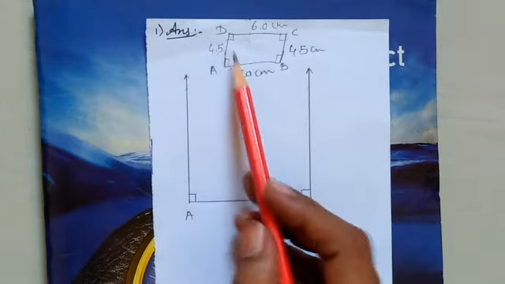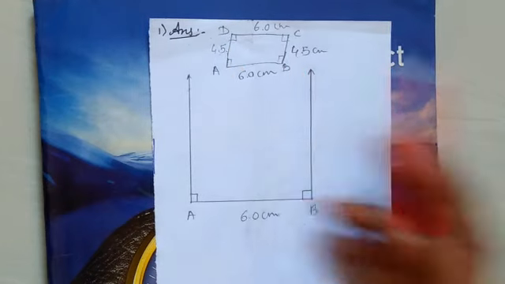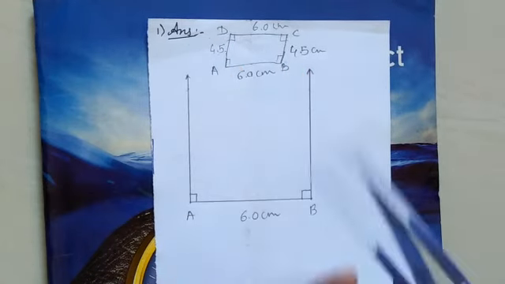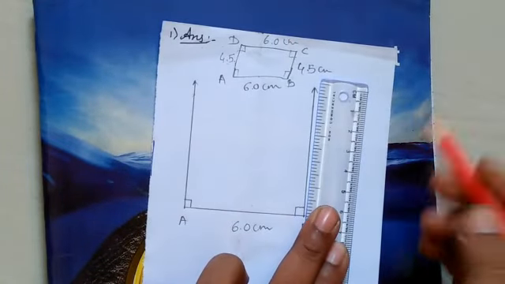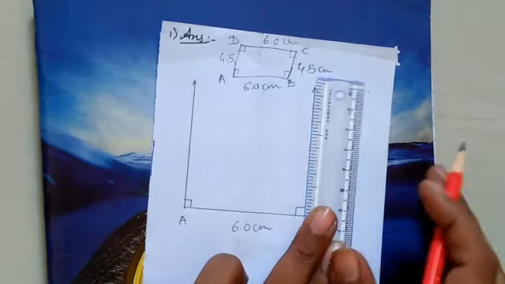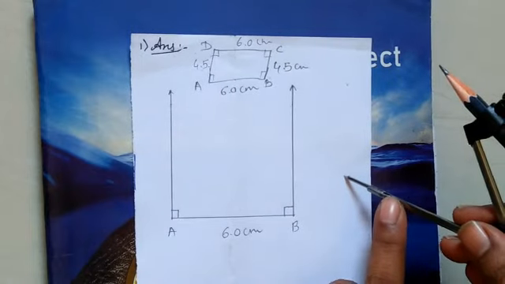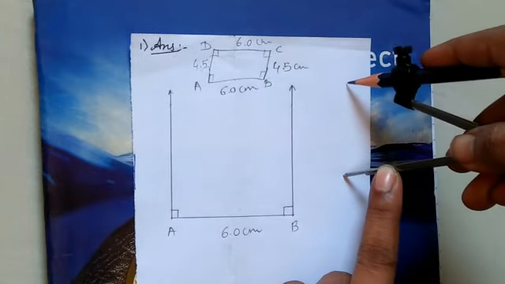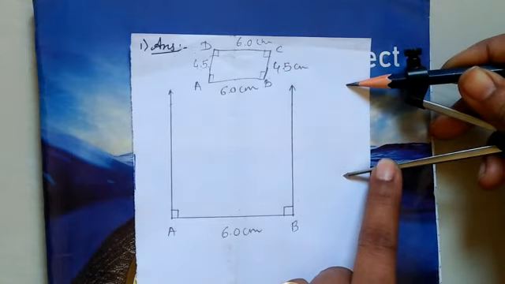Now as we know that AD is also 4.5 and BC is also 4.5, so let's take the distance of 4.5. Take it properly into the compass.